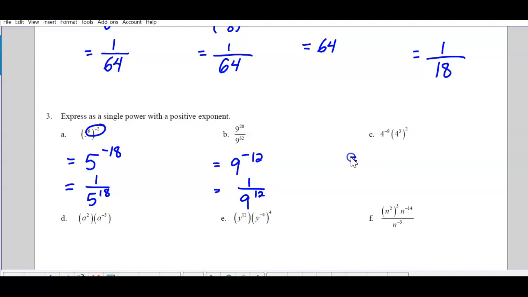Next one, order of operations. We've got to do the power of a power first. So that's 4 to the 6. And then you're multiplying powers with the same base, so you add the exponents. And then you show it with a positive exponent.